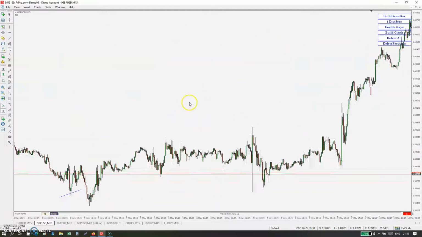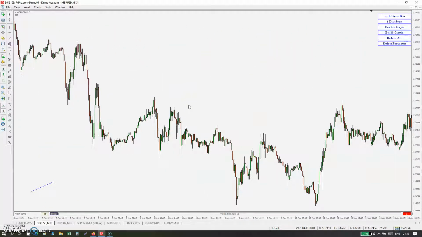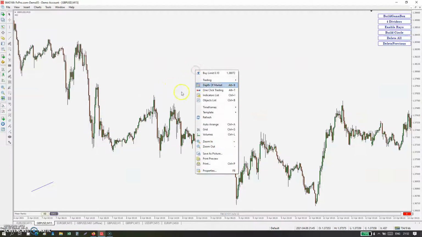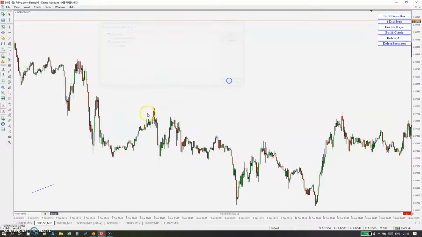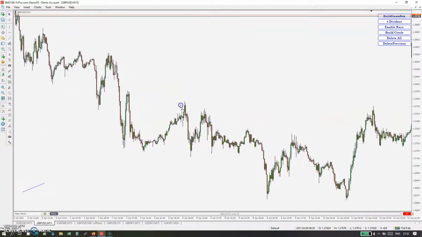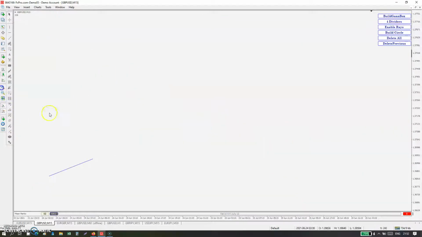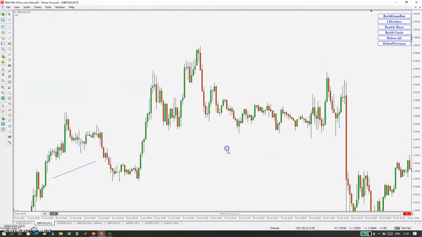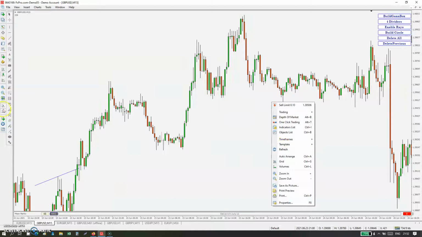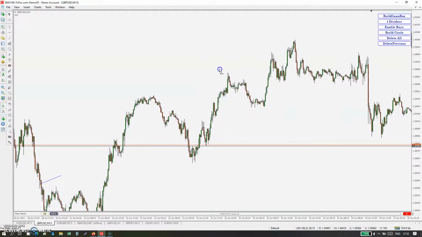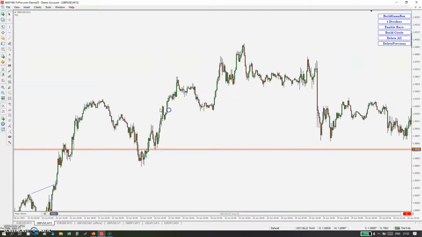Okay, go to a random side. I just scroll my mouse once and see what happened here. And take a look. Okay. So I think a big chart is there.